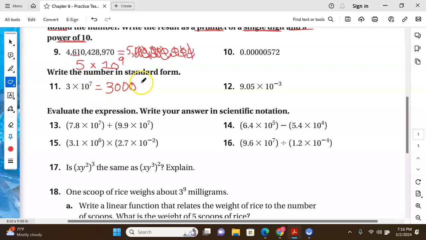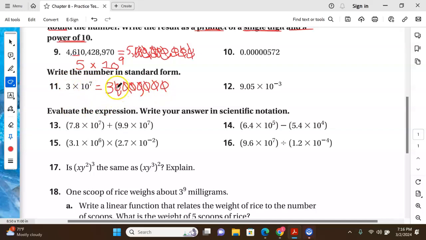So that right there is 30 million. 10, 20, 30, 40, 50, 60, 70. So that's 10 million, and 10 million times 3 is 30 million.